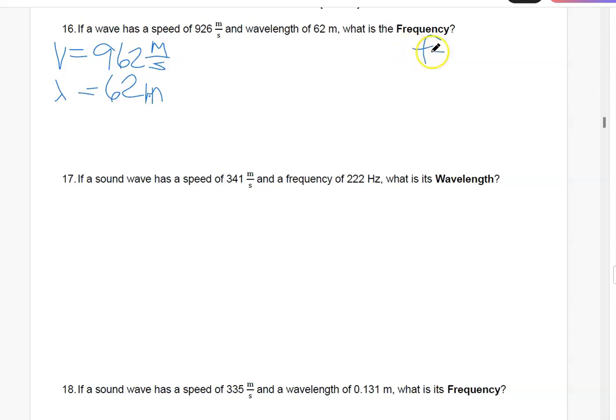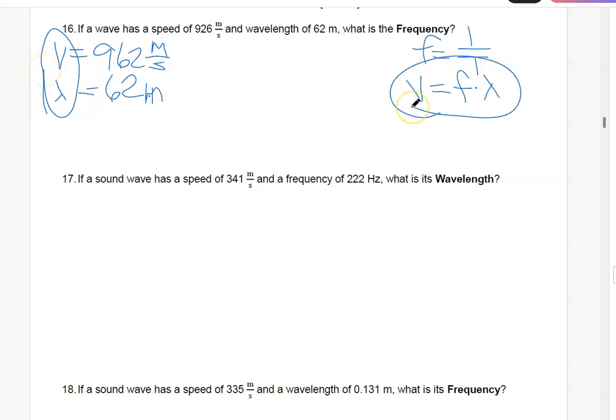We have frequency equals 1 over period, but we don't have the period. And we have a formula for speed that involves frequency and wavelength. And we have speed and wavelength. So we're going to use this formula, and we'll plug these numbers in for the speed and wavelength.